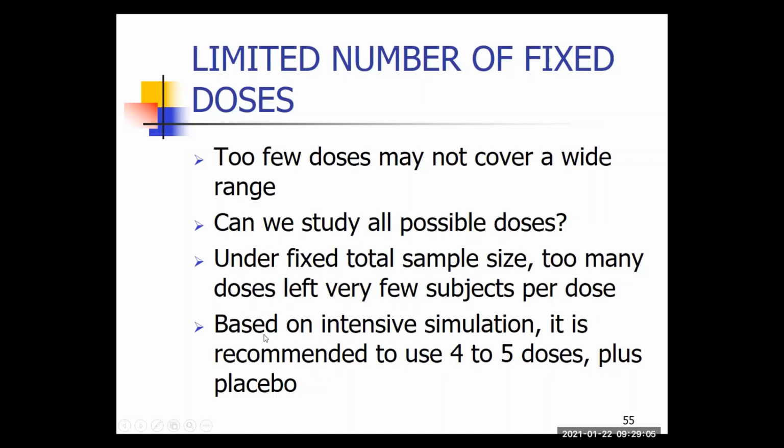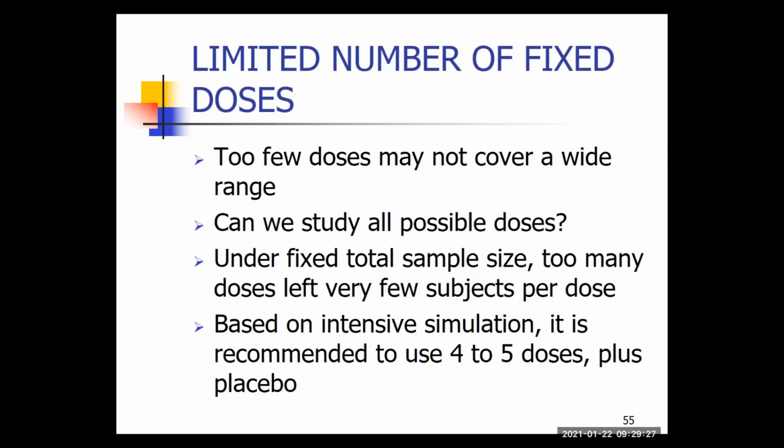We have done very intensive simulations. It is recommended to use 4 to 5 doses plus placebo. So beyond 5 doses, it became less practical. All right, you say I have a 7 dose study or 8 dose study.